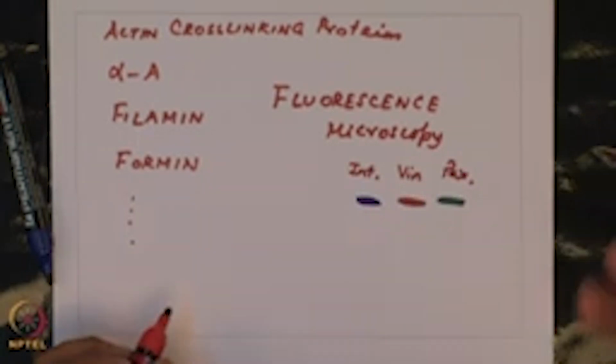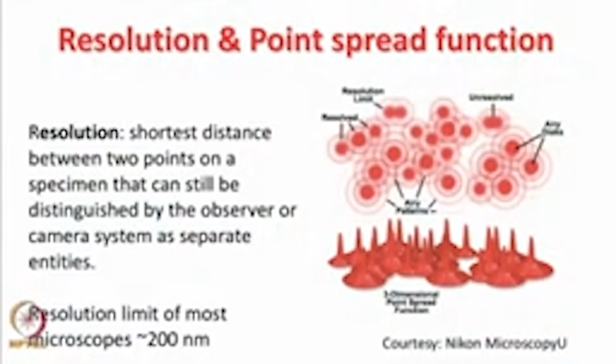All these proteins will show you this kind of localization. So, it is impossible to know how they are spatially localized within this focal adhesion, and the reason for this is because the resolution of normal conventional microscopes is limited by diffraction. So, what we call is a diffraction limit.